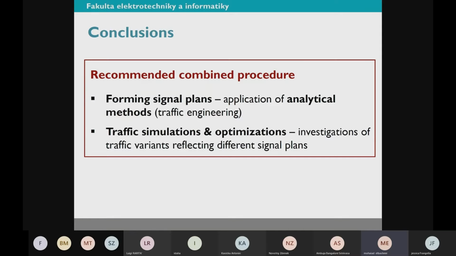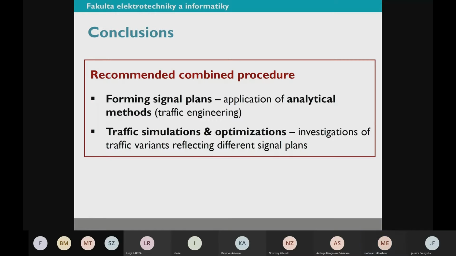So, concluding remarks are as follows. It is recommended to apply a combined procedure for studying and optimizing systems with light control intersections. And this combined procedure is composed of 2 points. At first, signal plans are formed with the help of analytical methods.